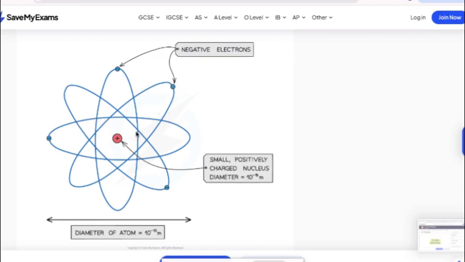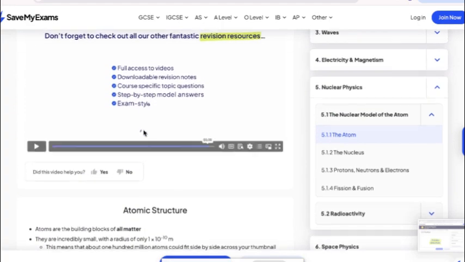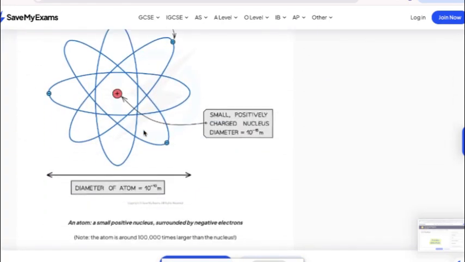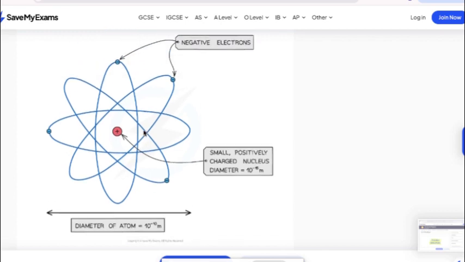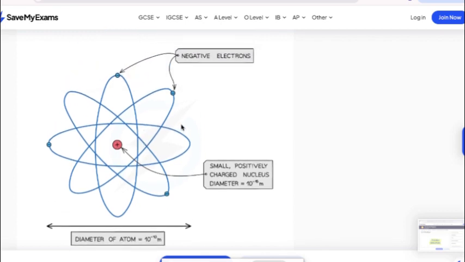But the circular one we've shown before is just theoretical. And we say the diameter is about 10 to the power of negative 10 meters.